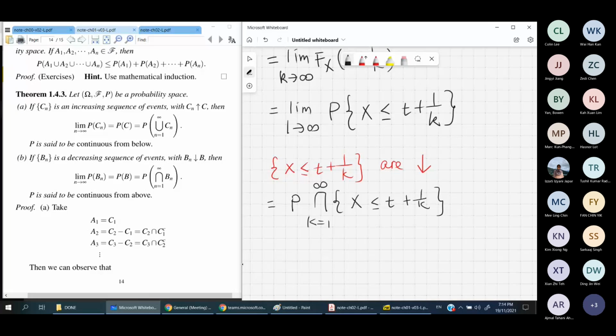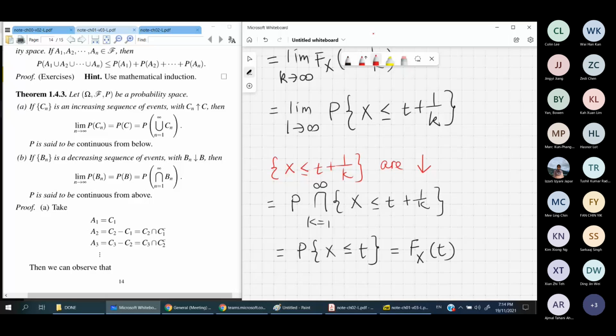So we have discussed a similar thing in chapter 1 and chapter 0 already. You guys can check that this intersection is X less than or equal to t. So by the definition, this is equal to FX of t. So again, you can see it's not difficult.